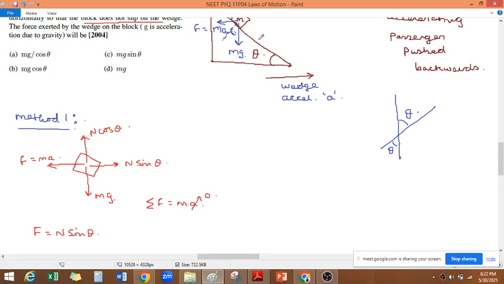With respect to the block, it is not moving. So that means I am talking about f minus n sin theta is equal to 0. This ma and that ma are different, so understand that. So this and this will be equal.